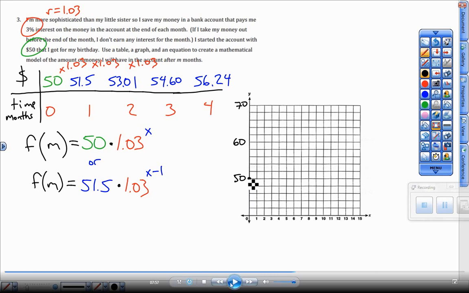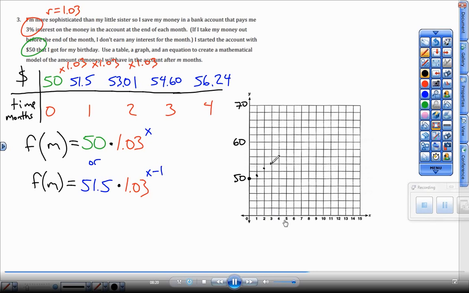To make the scale, I'm doing 0, 50, 1, 51.5, be over 1, up a little bit on my graph. Over 2, up 53.01, would be about halfway there. Up 3 is 54.6.